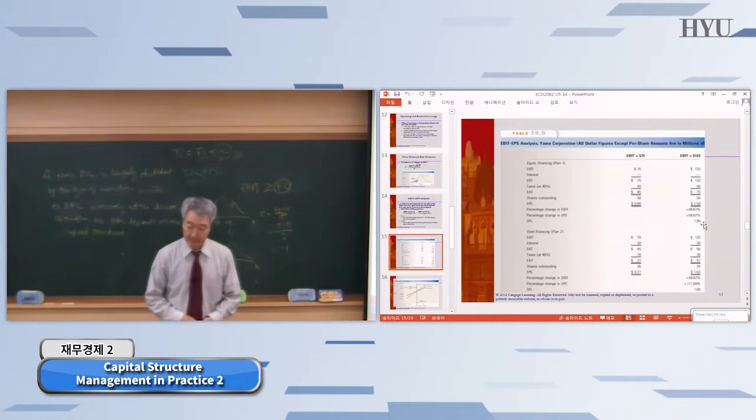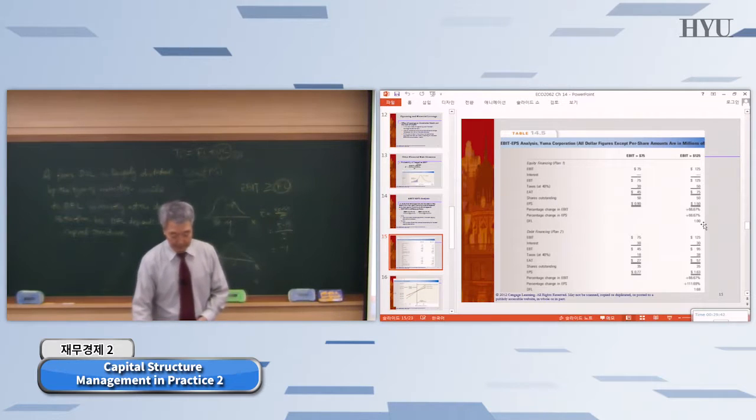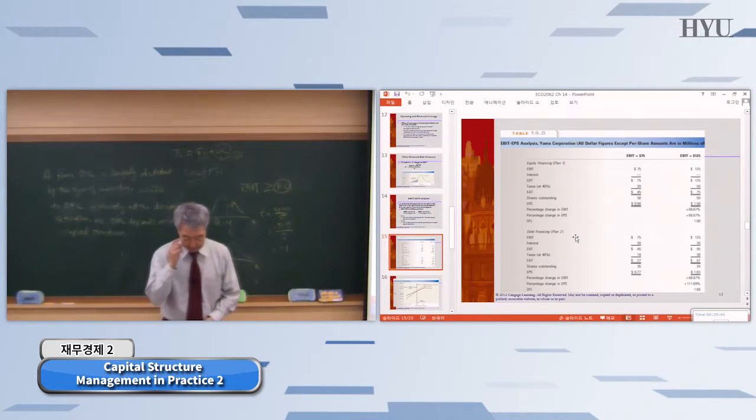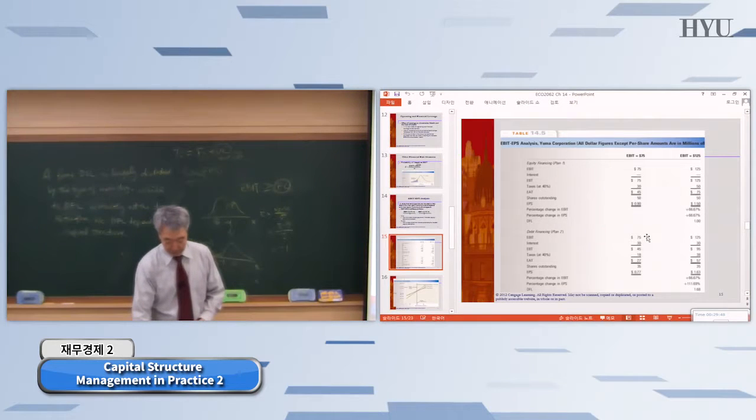In case they do debt financing, then for the same EBIT level of 75, there is an interest cost of $30 million. So the EBT is 45. Because of the income tax, your EAT is only 27.